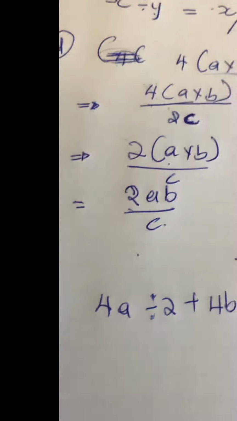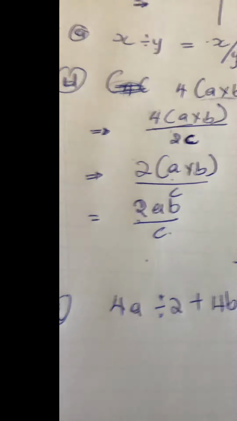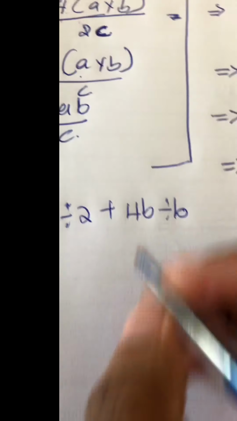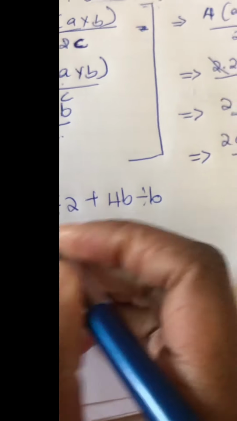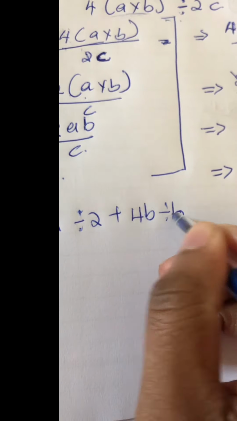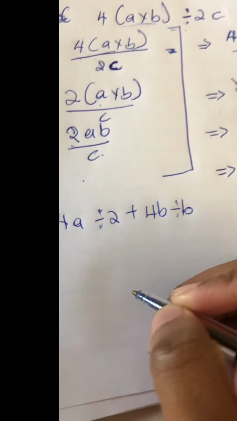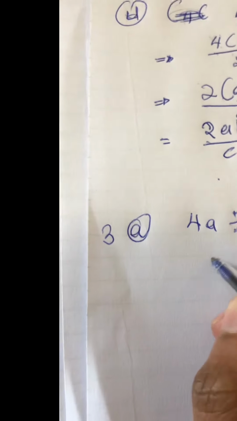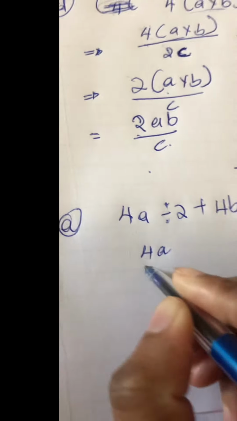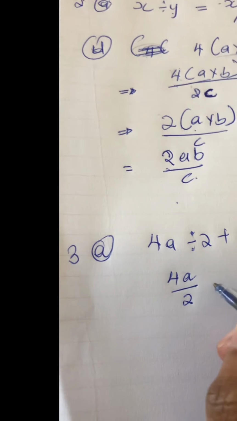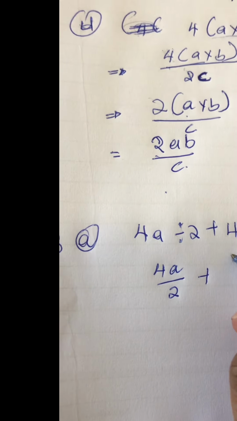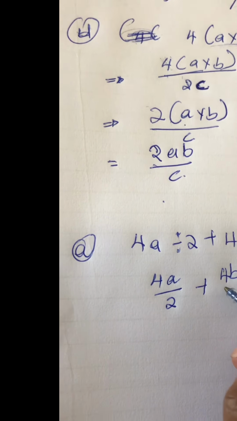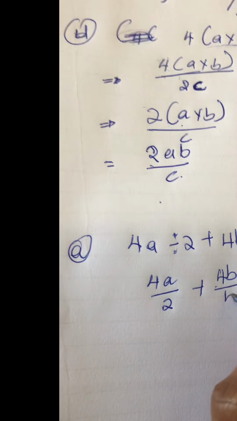Okay, so now first of all, we can say this is divided by B. We can write this as 4a divided by 2 plus 4b divided by b.